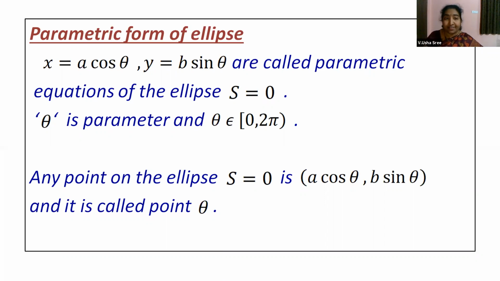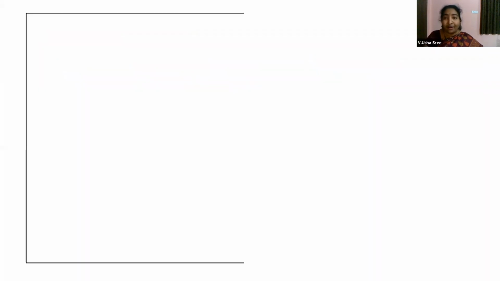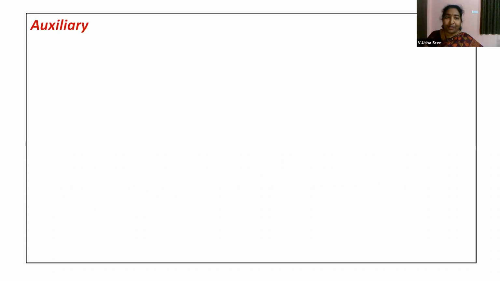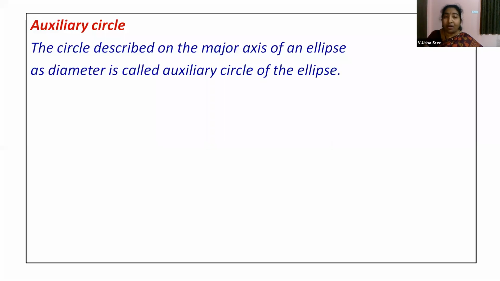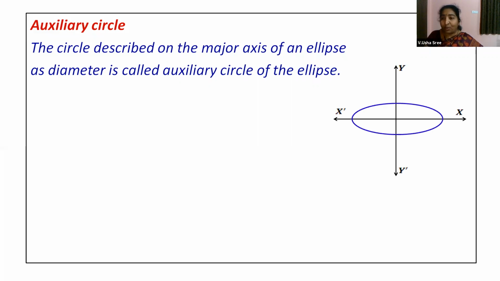Now, having discussed this, the next definition you are going to see is the auxiliary circle. Now, what is this auxiliary circle? The circle described on the major axis of an ellipse as diameter is called the auxiliary circle of the ellipse. Now, you have the coordinate axes and the ellipse has the center at 0, 0, that is the origin.